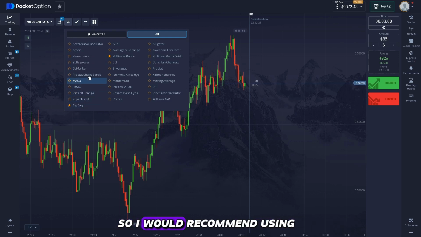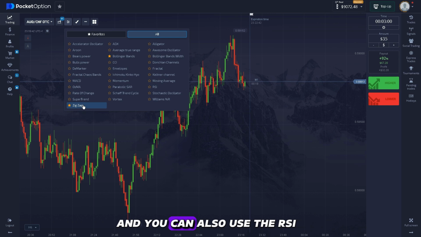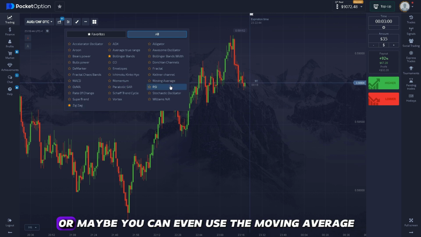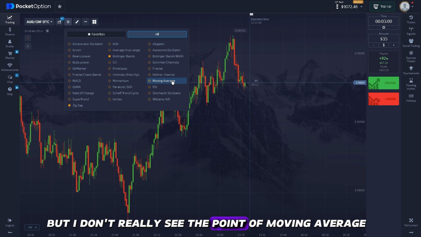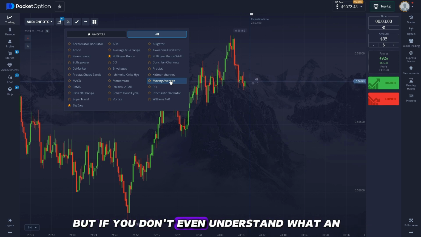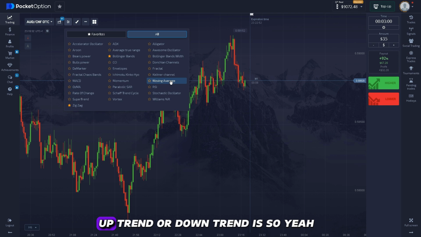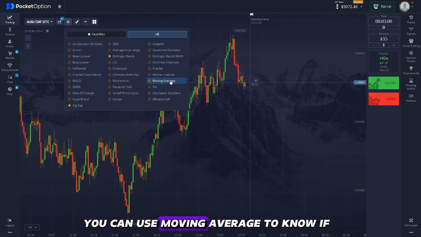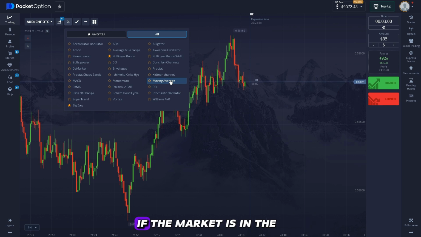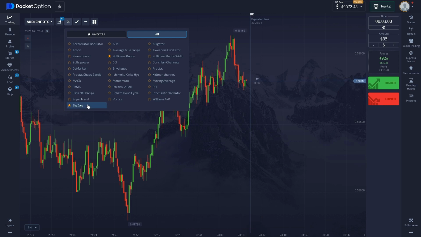I would recommend using the zigzag indicator, and you can also use the RSI, or maybe even the moving average, but I don't really see the point of moving average. But if you don't even understand what an uptrend or a downtrend is, you can use moving average to know if the market is in the uptrend or the downtrend. The RSI and zigzag is like all you need.